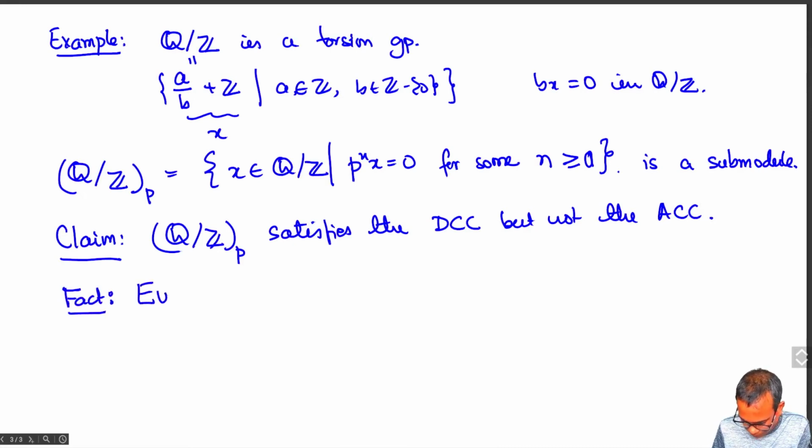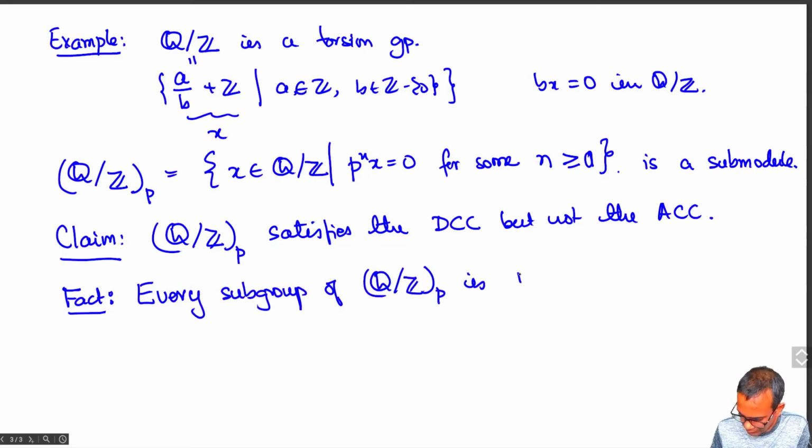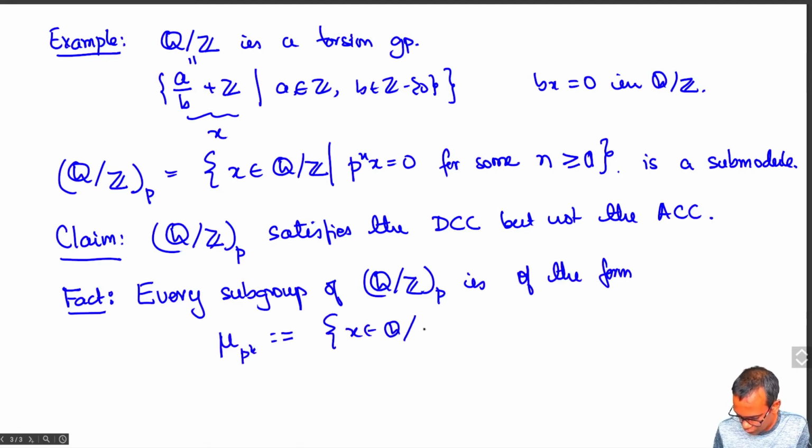Every subgroup of Q mod Z p is of the form mu p^k, which is defined to be x belongs to Q mod Z such that p to the k x equals 0.